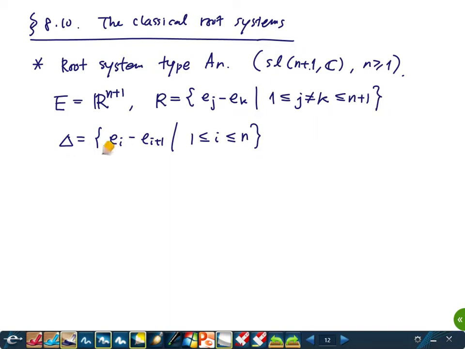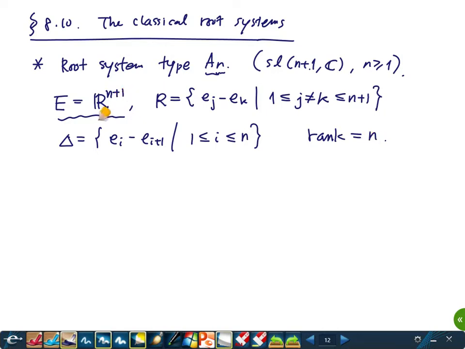So the rank is n. So rank is always written as the subscript. But you may wonder, isn't the rank the dimension of E? So the dimension of E is n plus 1, but the rank is n.